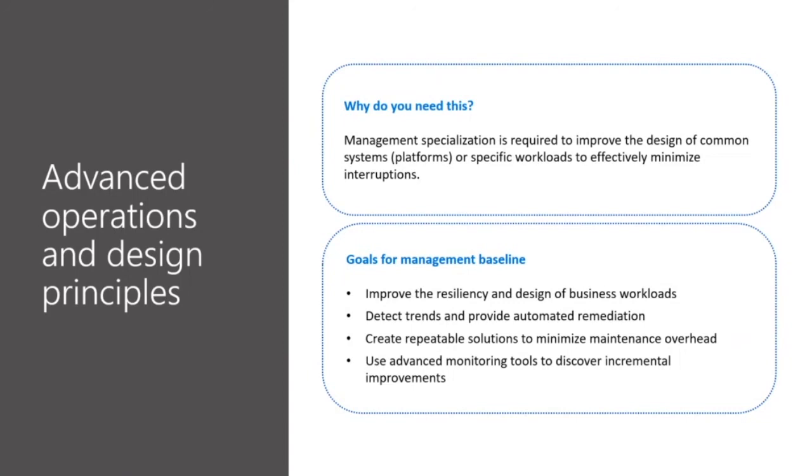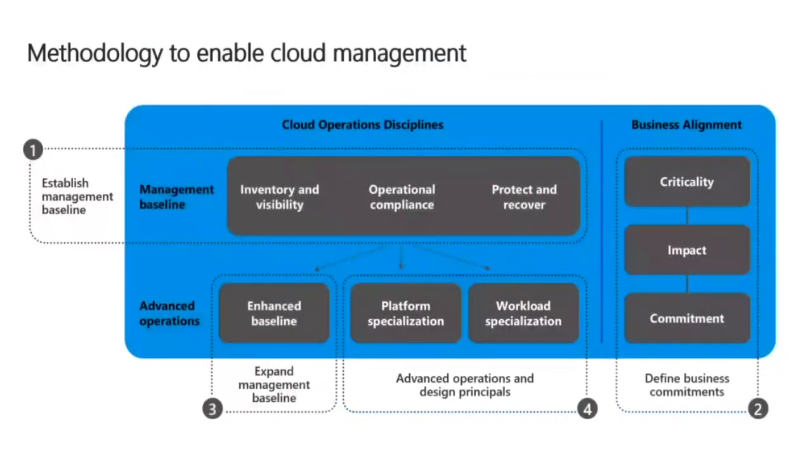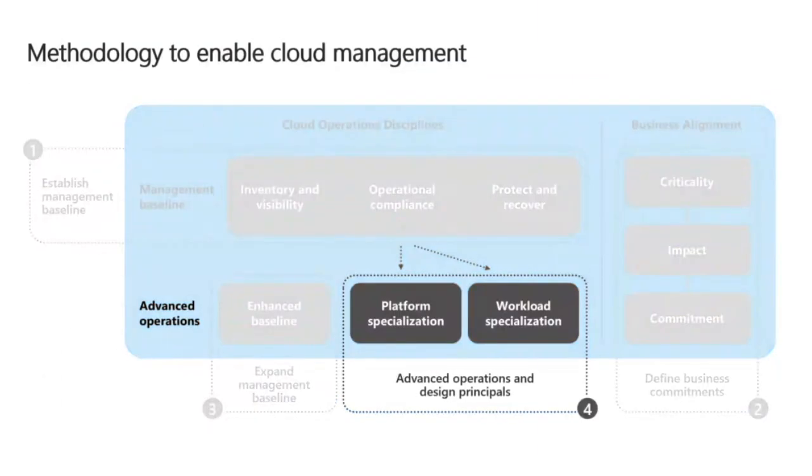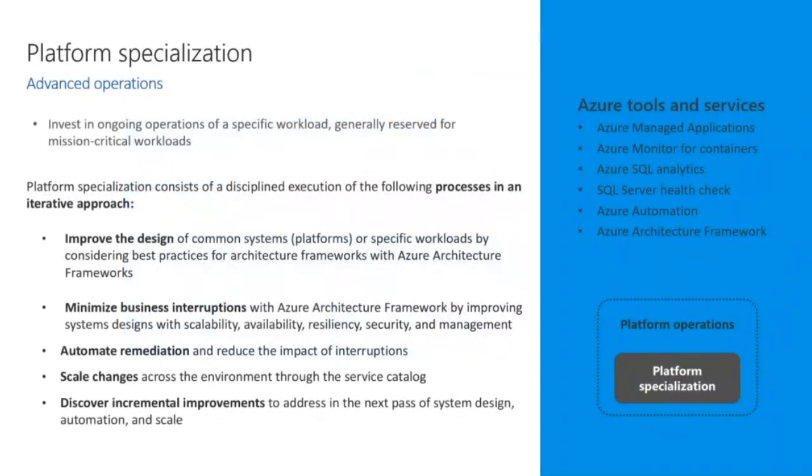You have a baseline, you have a commitment to management, and then finally you use specific services to manage these advanced operations. Typical examples, as we discussed, are your databases, your SAP workloads, or your enterprise ERP workloads.